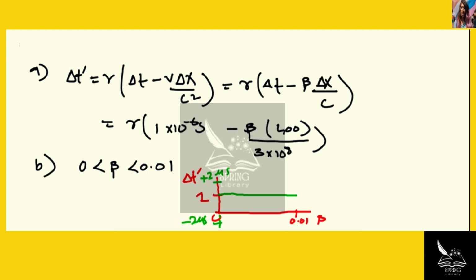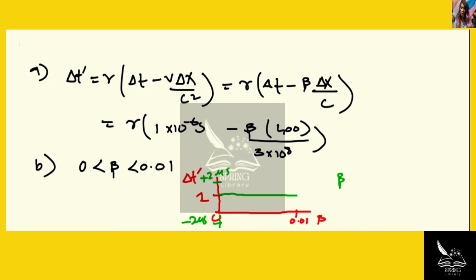The reason is that for low values of beta, Bullwinkle's measure of the temporal separation between the events is approximately ours, which is namely 1 microsecond. There are no non-intuitive relativistic effects in this case.